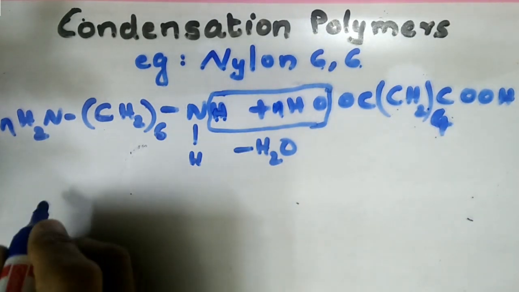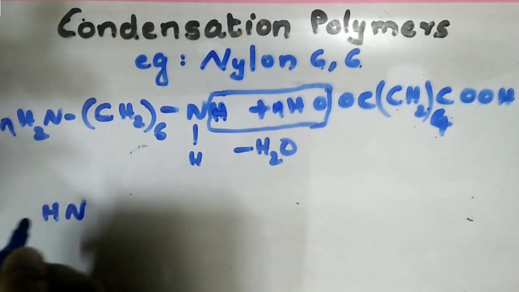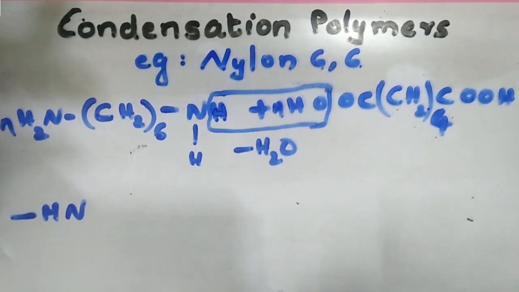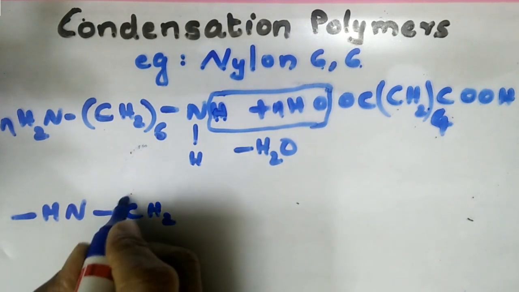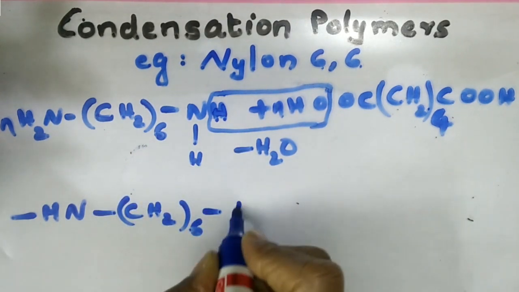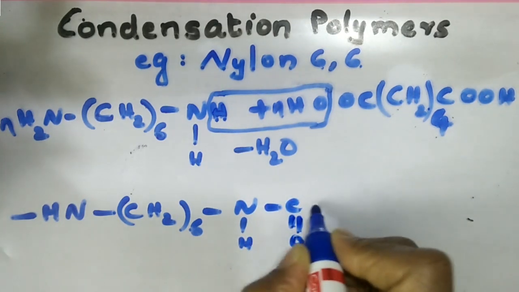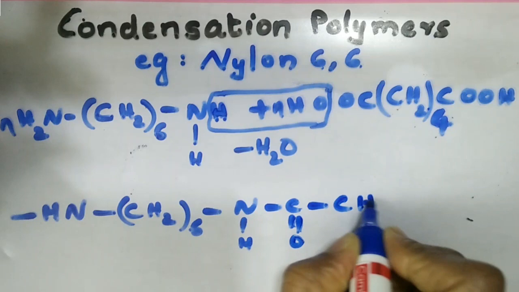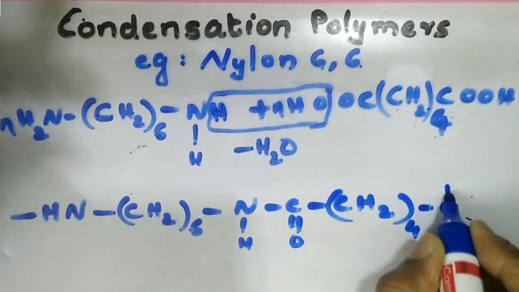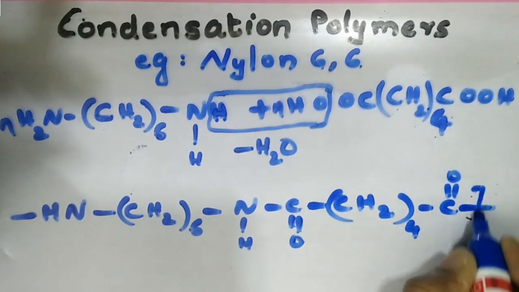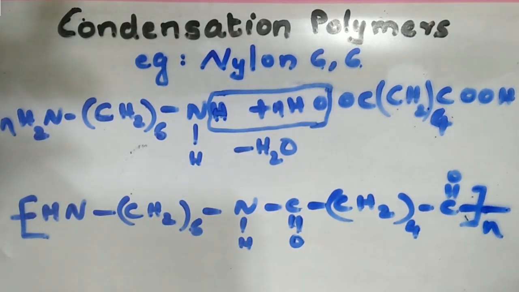So you are getting the product NH. Here you have to write like this way. Then CH2 6 NH, C double bond O, CH2 4 times C double bond O. This is the repeating unit and you have to put n over here.